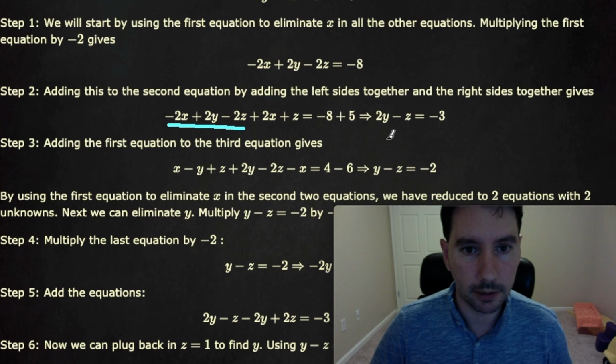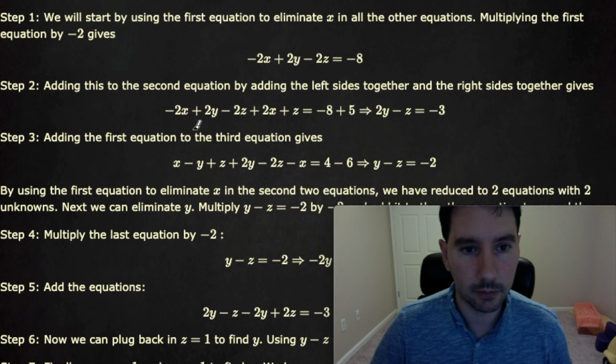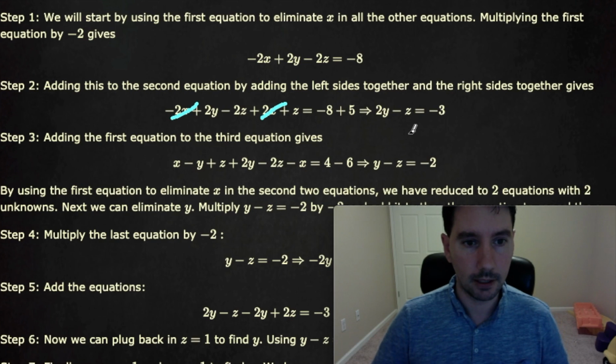The idea being, if the left-hand side equals the right-hand side in both equations, we can add the lefts together, we can add the rights together, and it's still equal. When we do that, the minus 2x and 2x cancel, and that leaves us with 2y plus z equals negative 3.